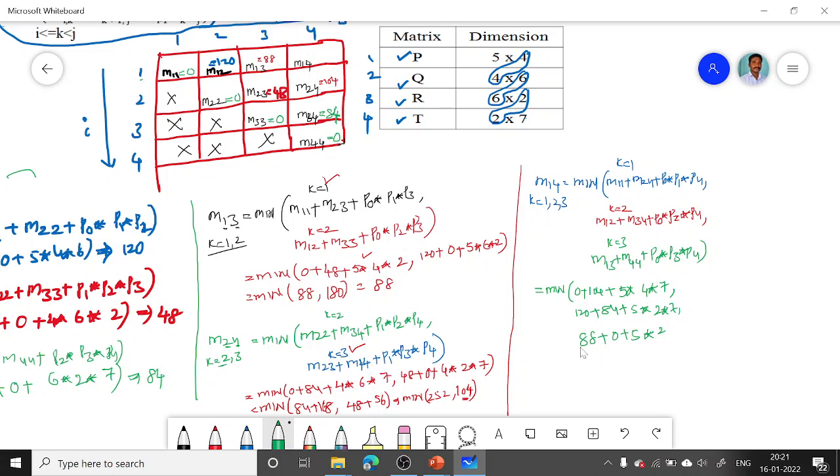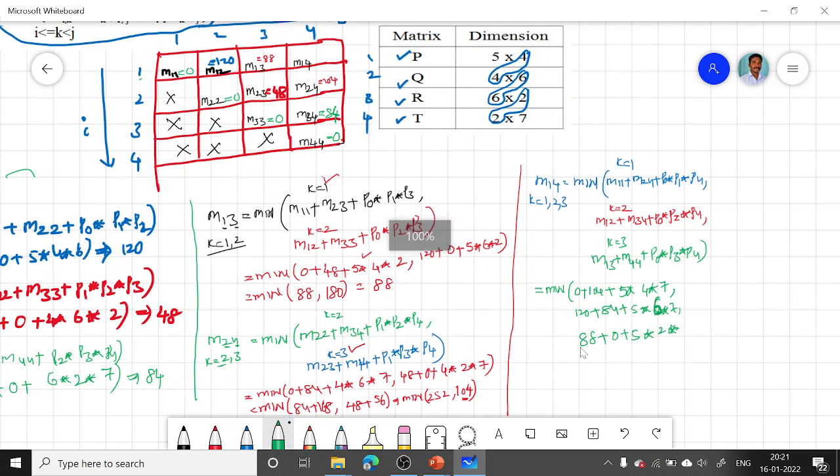Sorry my dear, for the previous, what is the P2 value, 6, not the 2, so kindly be careful while doing the calculations. Okay, I hope all of you are following it, and P4 does not change.